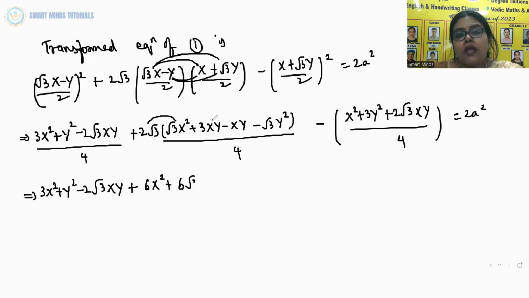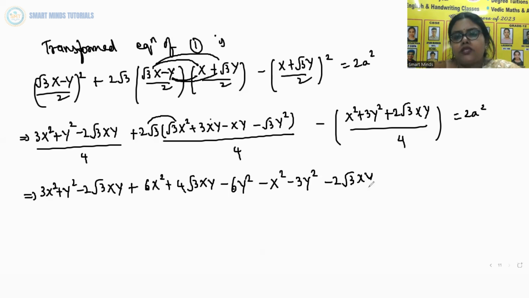Now 3xy minus xy is 2xy. 2xy into 2 root 3 is 4 root 3. It is 4 root 3 xy minus root 3 into root 3 is 3. 3 twos are 6. 6y square minus x square minus 3y square minus 2 root 3xy. Now the denominator you have 4.